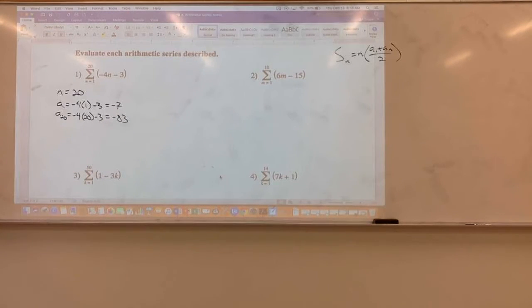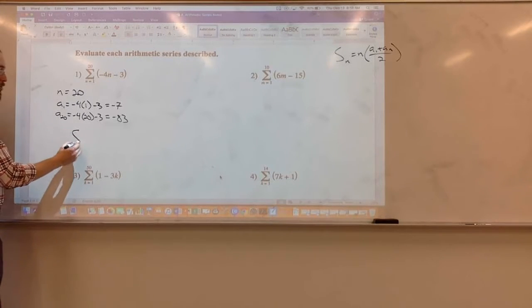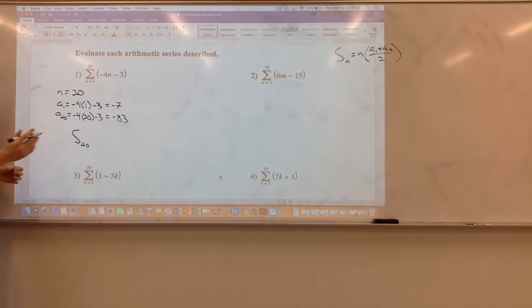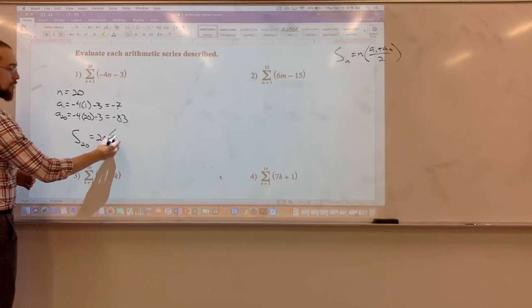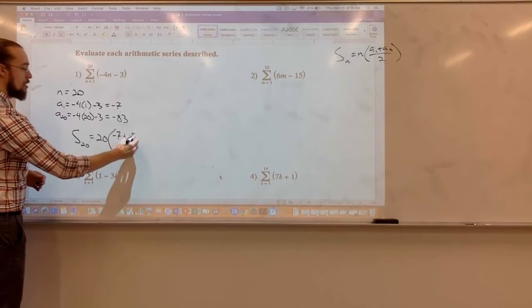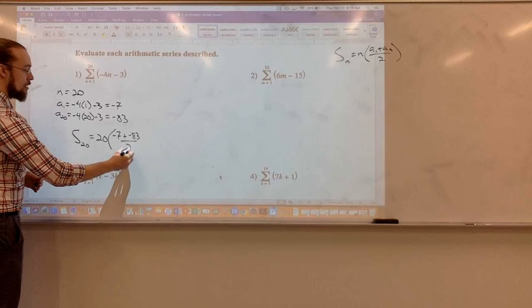So now I have the 3 pieces of information I need to use my formula. I can say S sub 20, the sum of the first 20 terms, is equal to 20 times negative 7 plus negative 83 over 2.